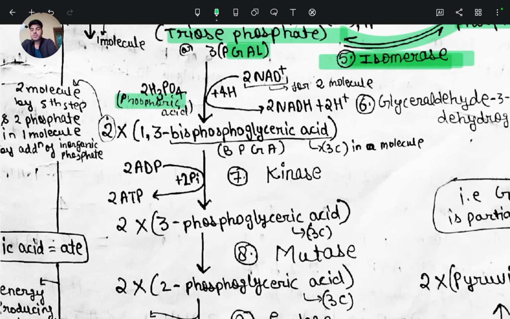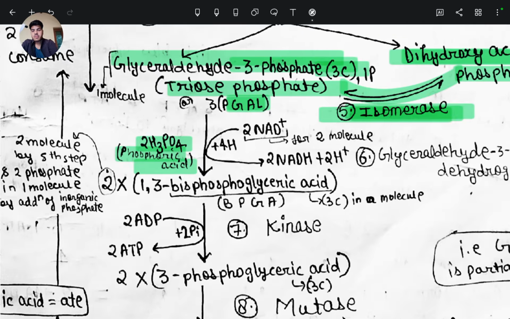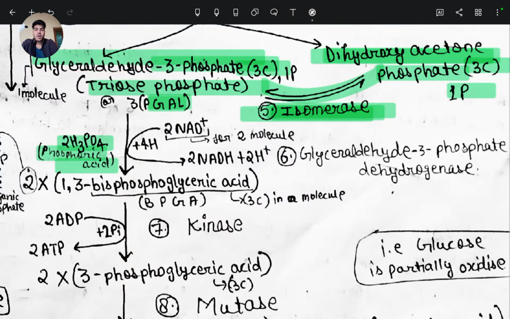Two molecules of phosphoric acid are used, one for each glyceraldehyde 3 phosphate, because another molecule comes out from dihydroxyacetone phosphate.